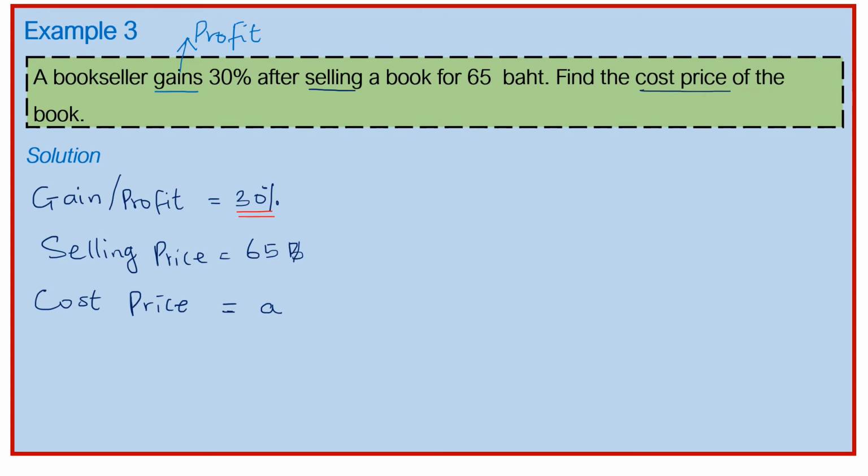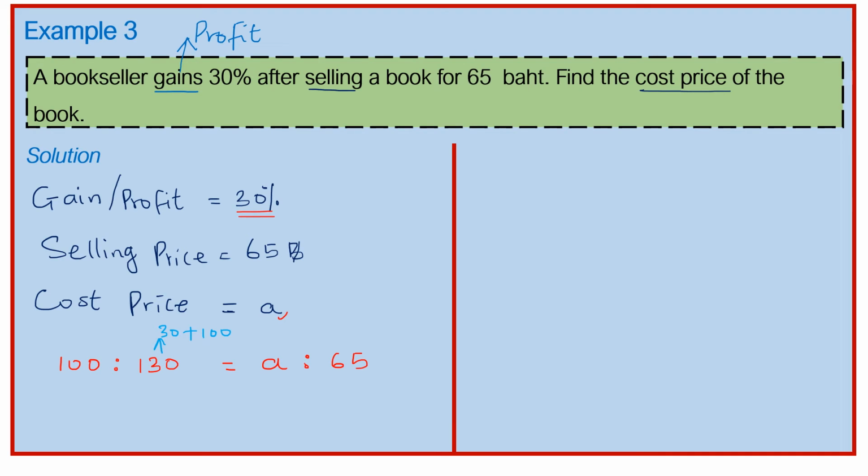This means that we are having a cost price of 100 baht to a selling price of 130 baht. Remember, this means 30 plus 100, okay? So this is equal to a cost price of A to a selling price of 65 baht.